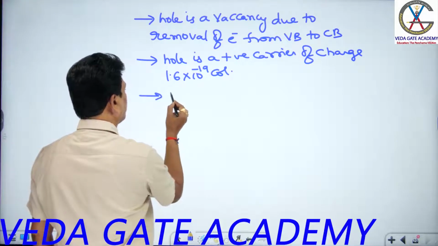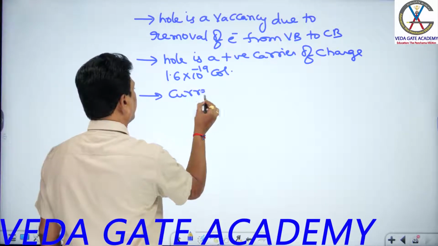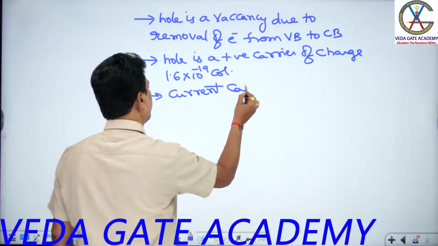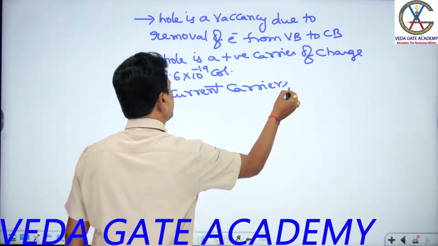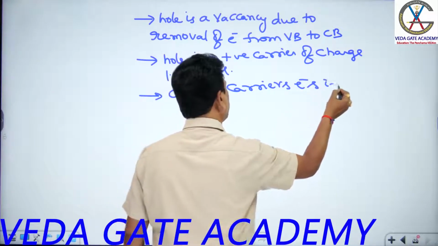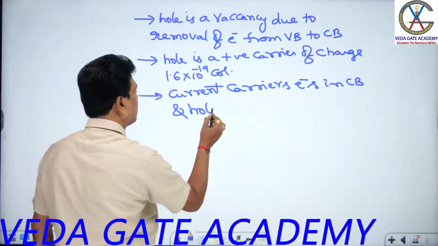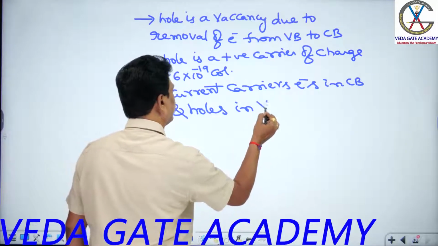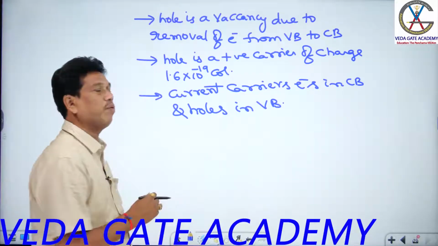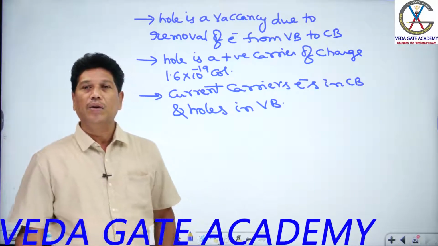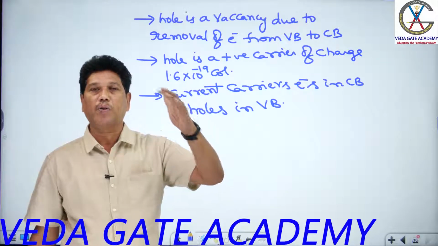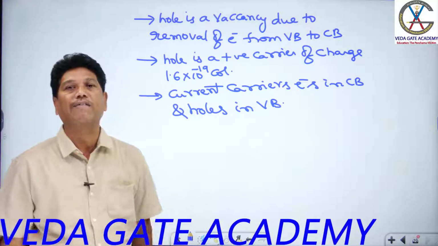Confirm now? So who are the current carriers here? Electrons in the conduction band and holes in the valence band. The electron stays in the conduction band only for a certain time, which is called the lifetime.